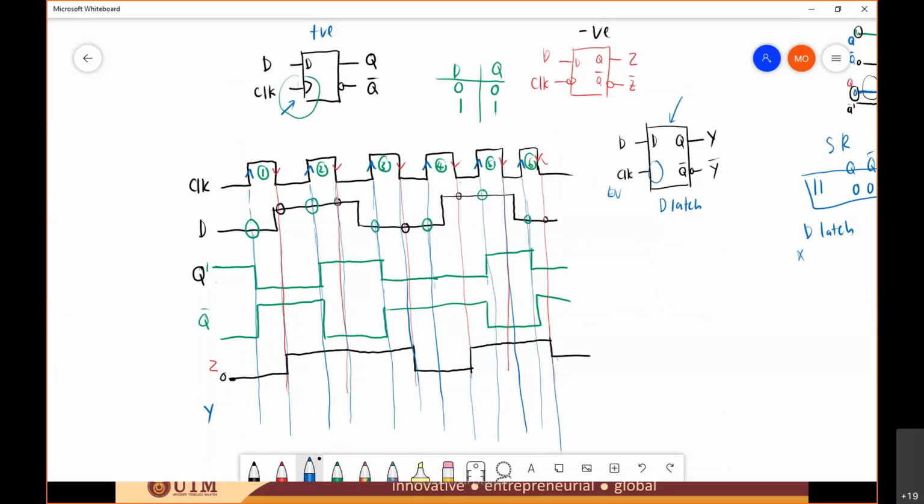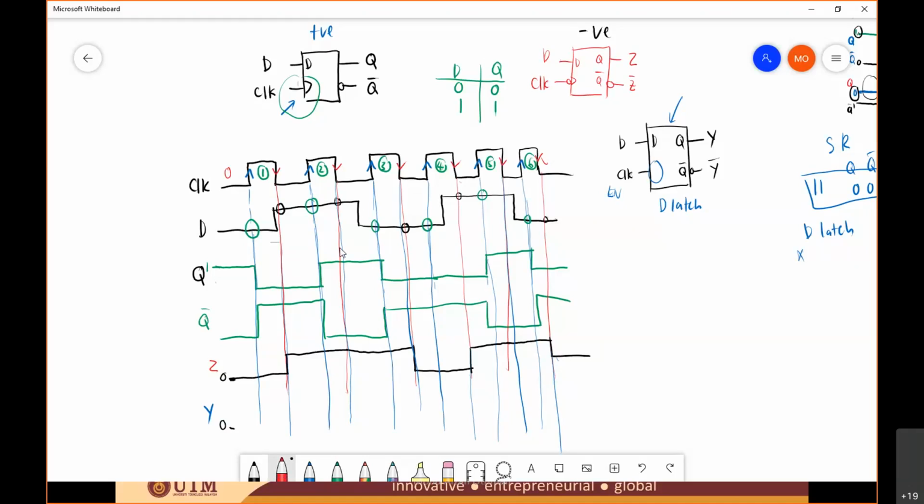Okay, so let's say this one here started with kosong. The initial value is kosong juga. So baru kita tengok. Your clock now becomes enable, and this is your input D. So bila clock kamu kosong, what happens when clock kosong?